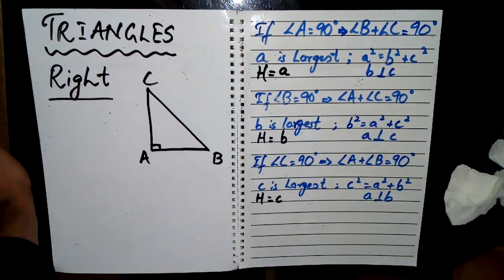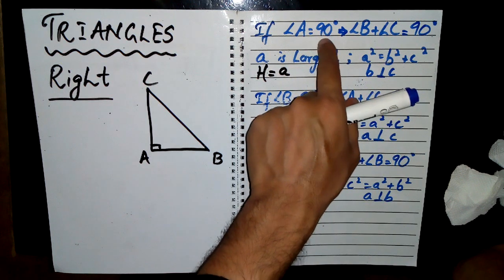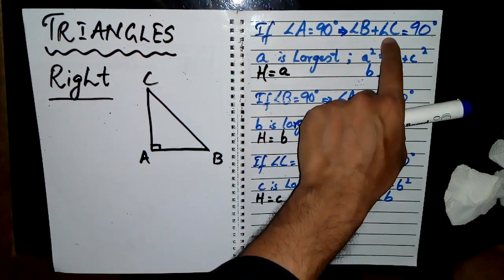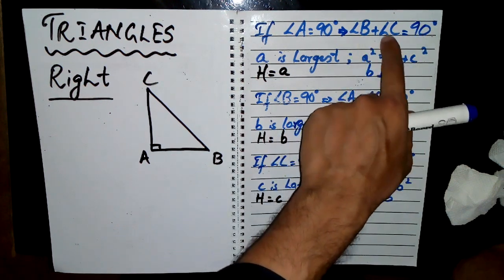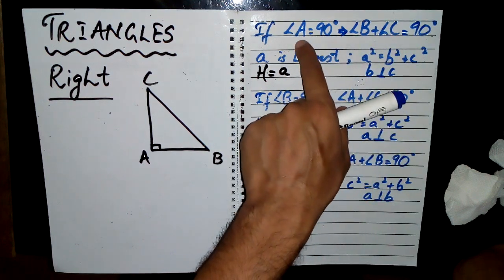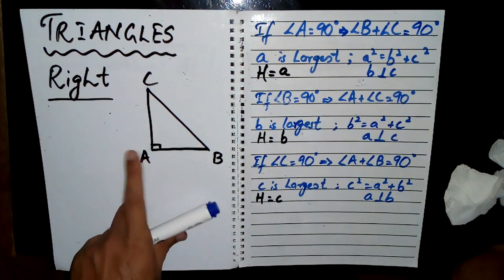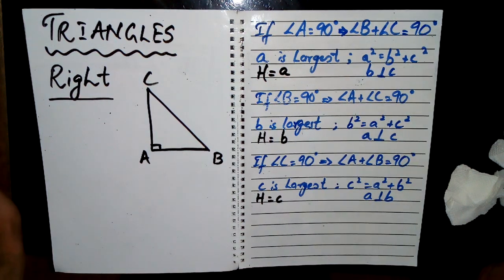So if angle A is 90 degrees, the sum of the other two angles must also be 90 degrees, because the sum of the other two angles is the exterior angle of A. If the interior angle is 90, the exterior angle will also be 90, because on the other side of the line it should also be 90.